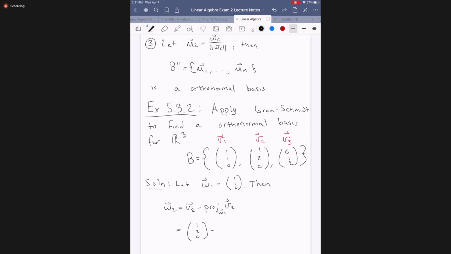Yeah, dot product. So you're just going to take the dot product between V2 and W1: (1, 2, 0) dotted with W1, which is (1, 1, 0), divided by the norm of (1, 1, 0), right?